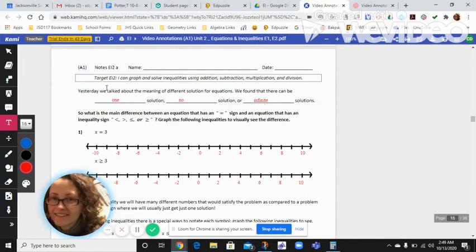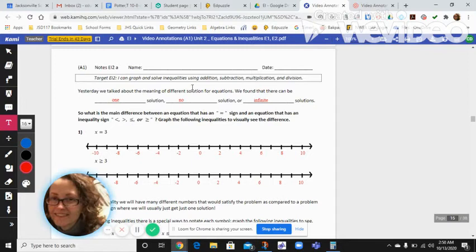So on Thursday last week, we talked about what different types of solution sets we had for linear equations. We could either have one solution where we got x equals some number or r equals some number, but it was just one single solution that made that equation true.